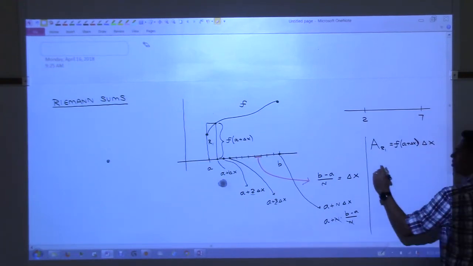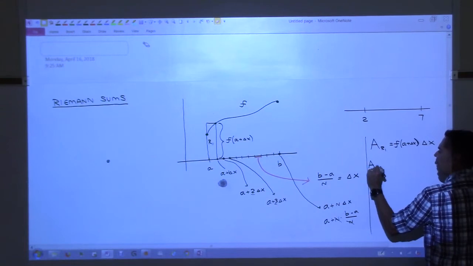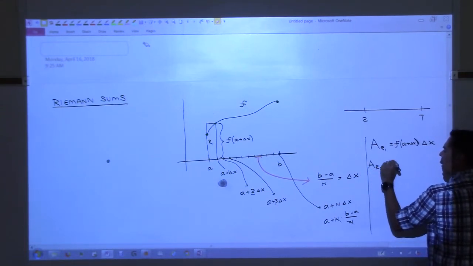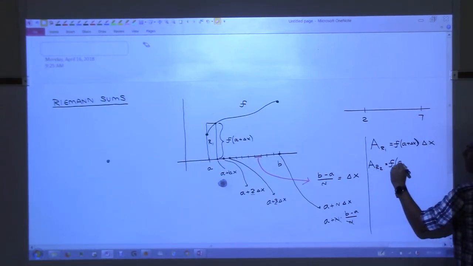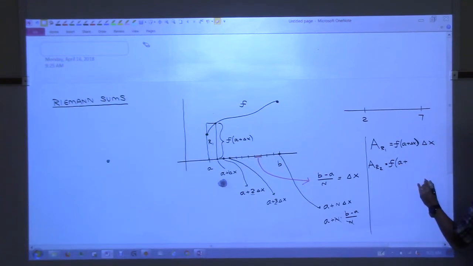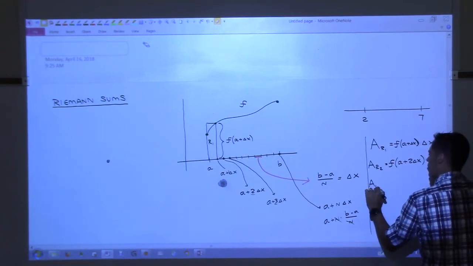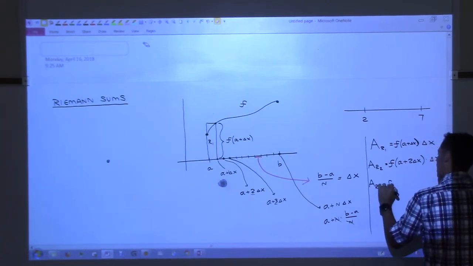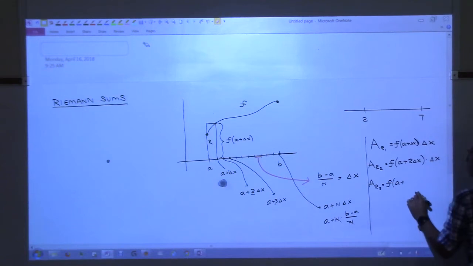Okay, so maybe you can give me the formula for the area of rectangle 2 now. It should be f of a plus what? 2 delta x, and then times the width, which is still delta x. And then the area of the third rectangle should be f of a plus 3 delta x, times delta x.